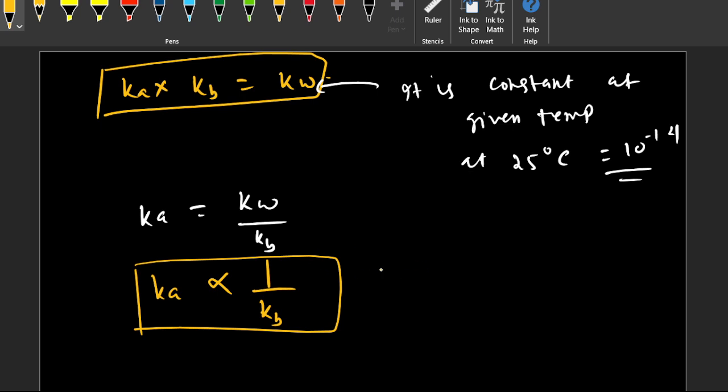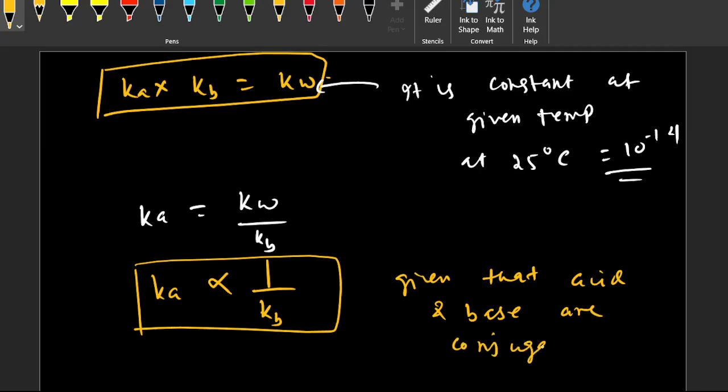So given that acid and base are a conjugate pair, if Ka increases, then Kb will decrease.